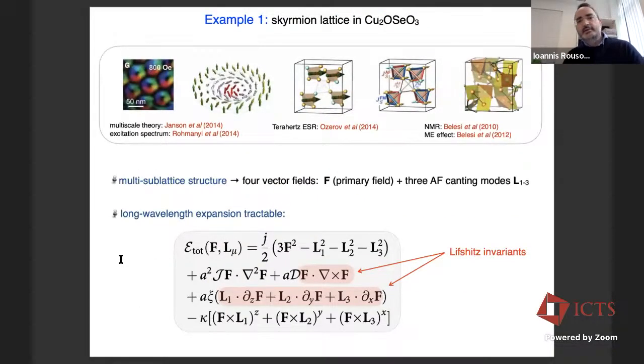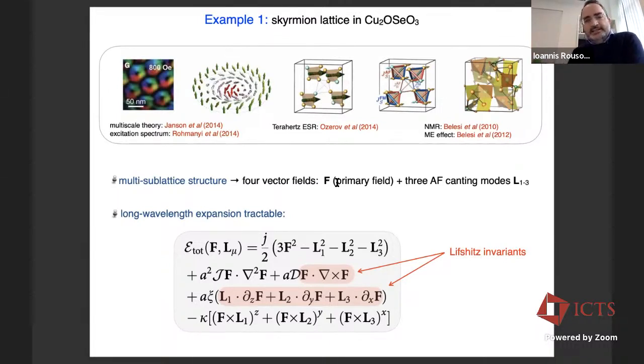Okay, so here is a skyrmion story that we've been involved with, with various people over the years, on one material that is the so-called copper selenite, which shows this skyrmion crystal phase. And in this system, you have a kind of distorted pyrochlore with 4 spins in each tetrahedron. So you have in principle 4 vector fields.